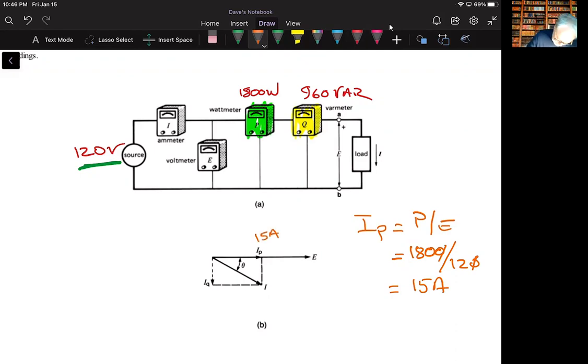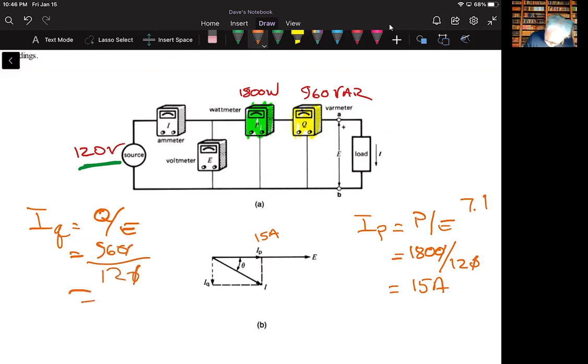Also, I can do that for the reactive current. I sub Q is equal, and 7.2 says Q divided by E, 960 divided by 120, and that is going to give us 8 amps. So this would be 8.